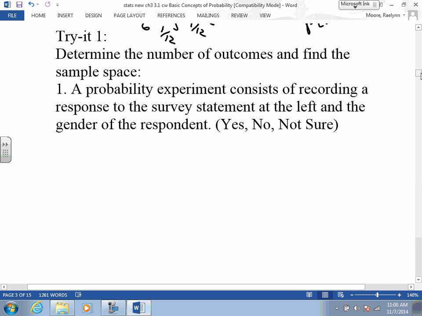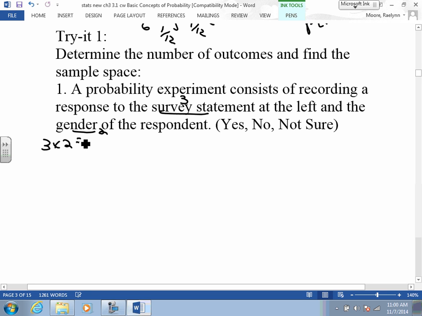What could the gender be? Male or female? How many outcomes should fall in my sample space? 3 times 2, so 6, right? I have 3 responses, 2 genders.